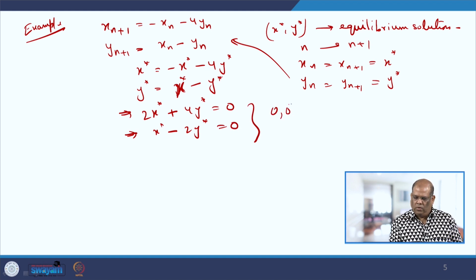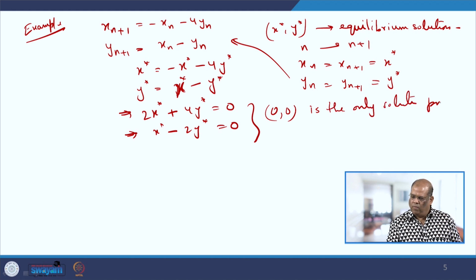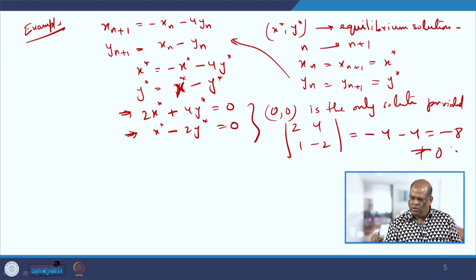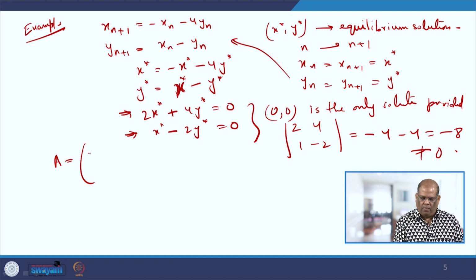So, 0, 0 is the only solution provided the determinant of this coefficient matrix, which is 2, 4, 1, minus 2, that is minus 4 minus 4 is minus 8, not equal to 0. So, 0, 0 is the only solution or the unique solution of this system, and 0, 0 is the equilibrium point. Now, you check for stability, and for that I need the coefficient matrix A, which is minus 1, minus 4, 1, minus 1.